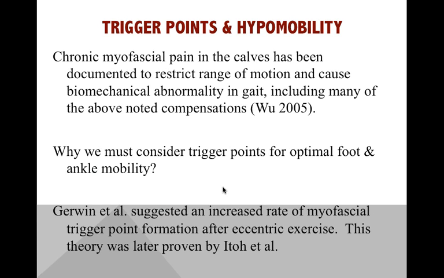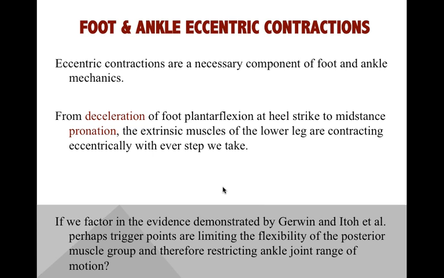Why in the lower extremity? Why do we have all these trigger points in the lower extremity? And the answer to that is eccentric contractions. Okay, so eccentric contractions, more so than concentric and isometric, form trigger points. If you start looking at the biomechanics and the dynamic foot and ankle function, we require eccentric contractions with every step we take. So we're decelerating with that foot. We're going mid-foot pronation.